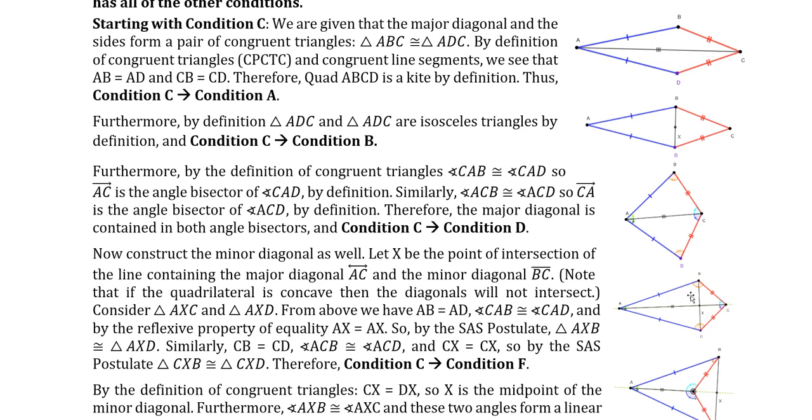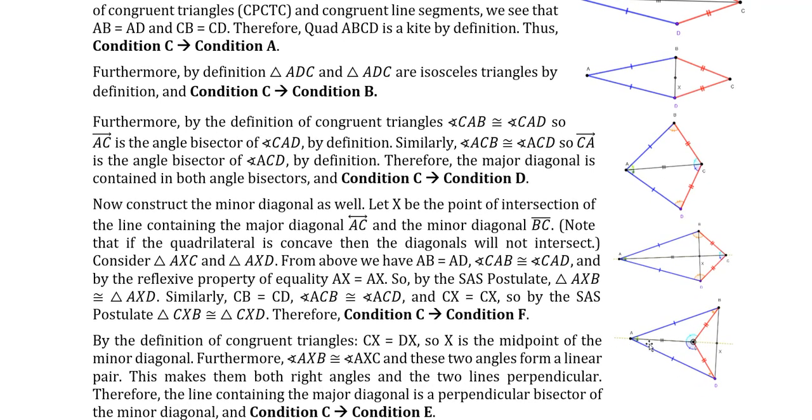Next, construct the minor diagonal as well. Now what do we know? Well, again, if we have these two triangles congruent, let's look at what's going on here. Let's let this point X be the point of intersection of the line containing AC and the line BD, right? Not just the diagonal, but the full line.